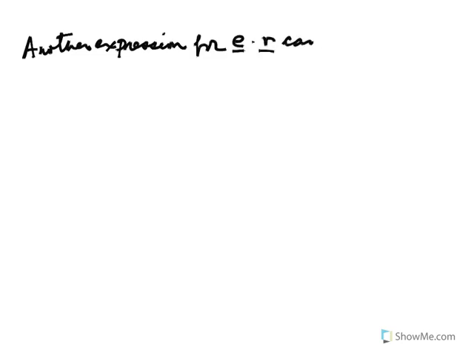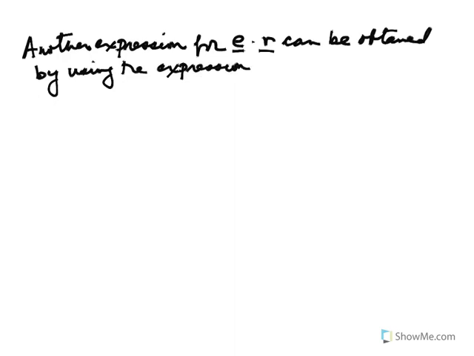So that's one expression for E dotted with R. But we can get another expression. So another expression for E dotted with R can be obtained by using the expression obtained for E. And here's how we can do that.